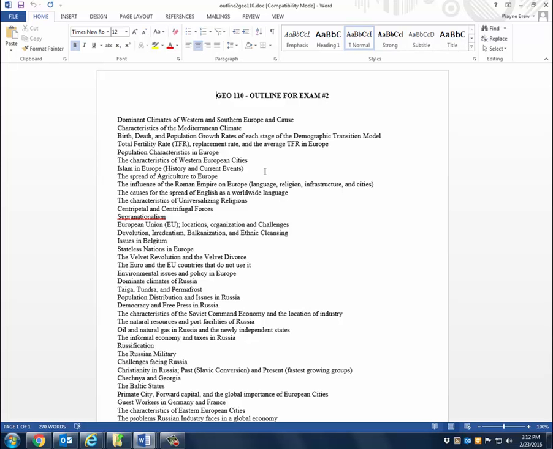The total fertility rate, that is the number of children the average woman will have in her lifetime, varies from country to country depending on what's going on there. The replacement rate is 2.1, as we talked about in class, and if we look in Europe, the average total fertility rate is much below 2, which means that they're not replacing themselves.